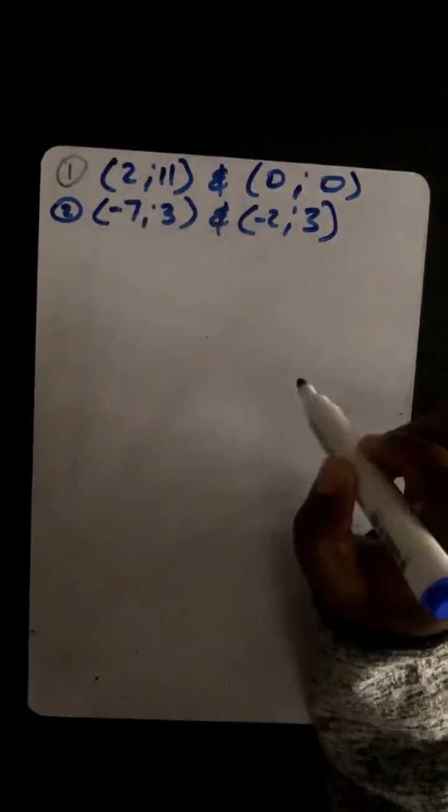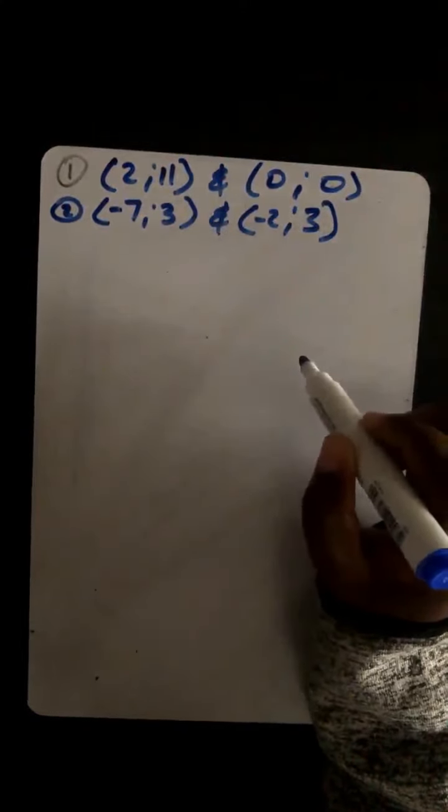And the question to this was: plot a straight line using these points. So remember, guys, always when you have to plot a straight line, you need 2 points.